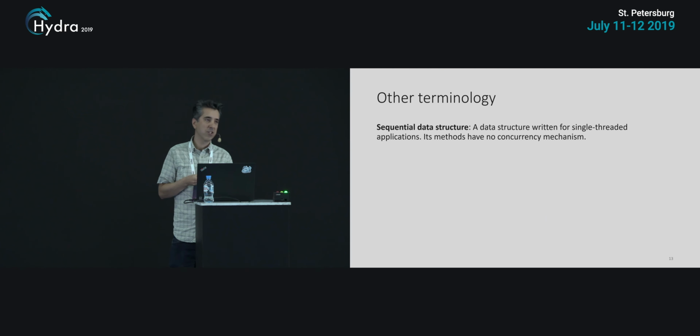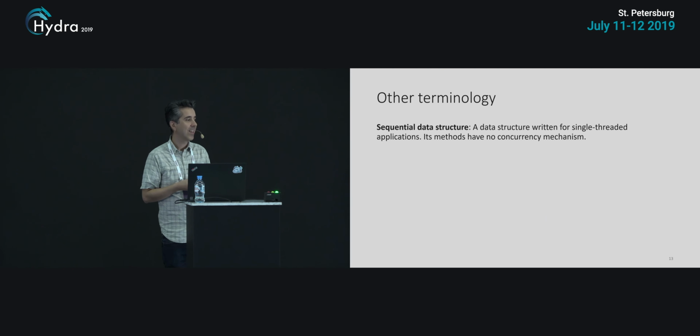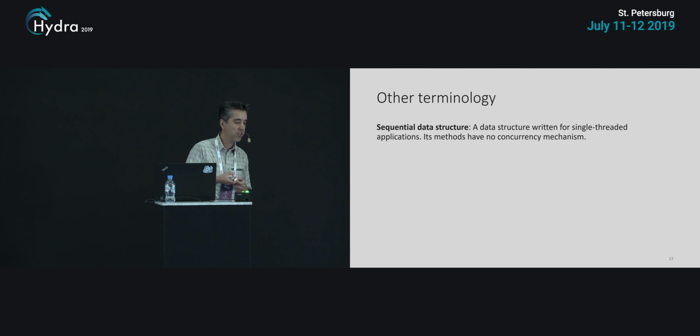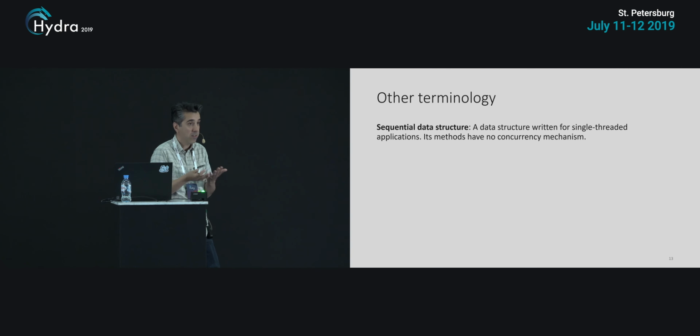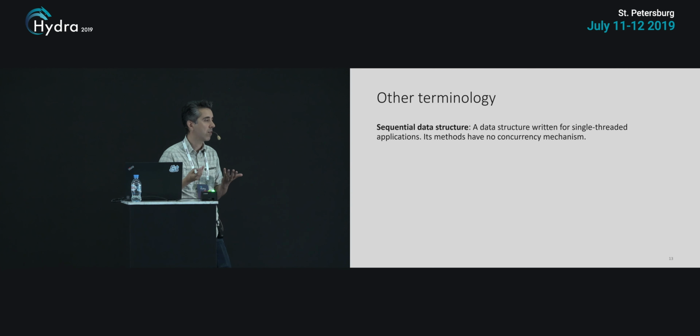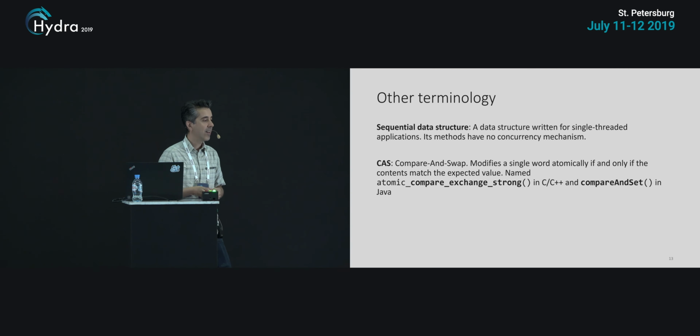A few other terms I'm going to use through this presentation. A sequential data structure is a data structure that's been written for single-threaded use. If you want to make it concurrent, you have to wrap it with a lock, for example. I'm also going to talk about CAS, compare and swap. In C++, it's typically called compare exchange strong; in Java, it's compare and set.